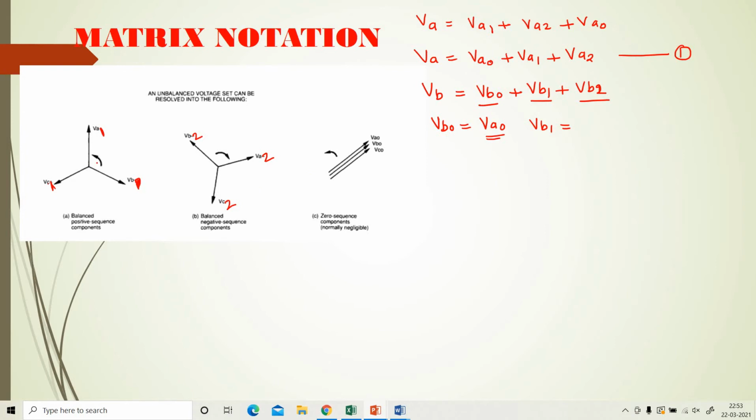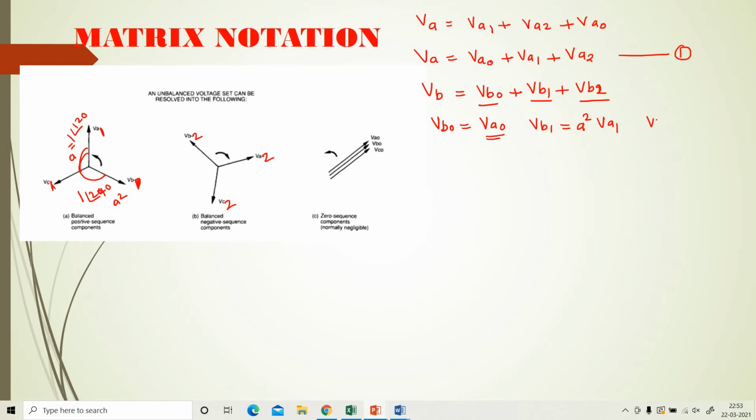So how to write VB1 in terms of VA1? This is a, a means 1 angle 120. This angle is 1 angle 240, that is a square. So VB1 we can write like this: a square into VA1.